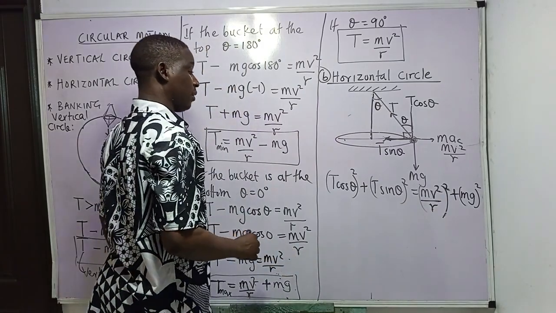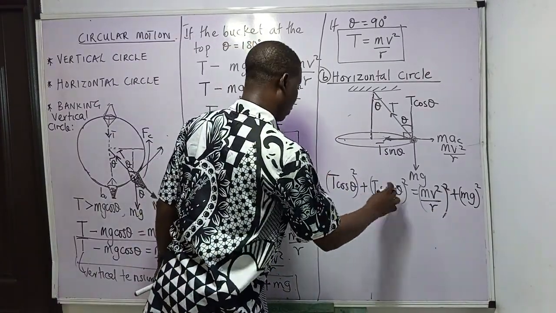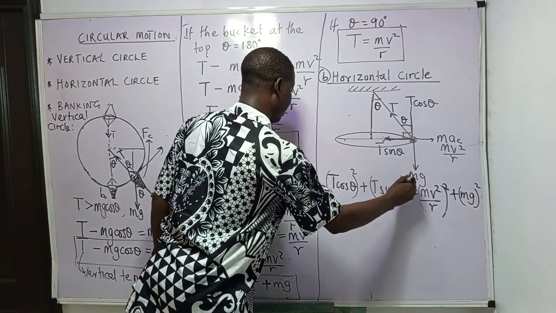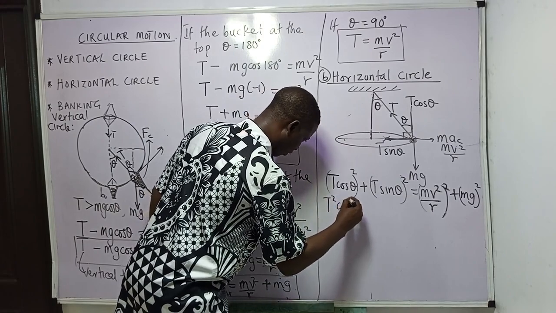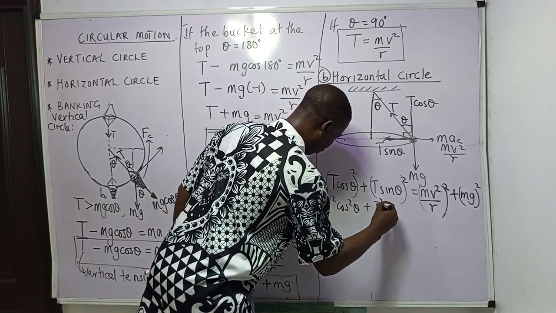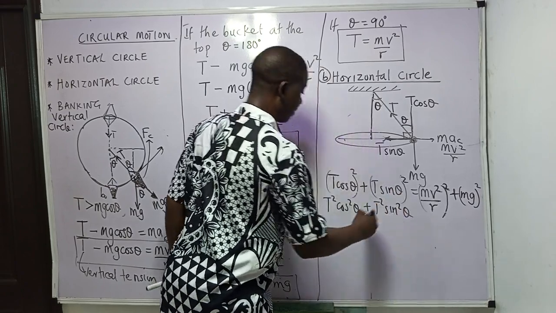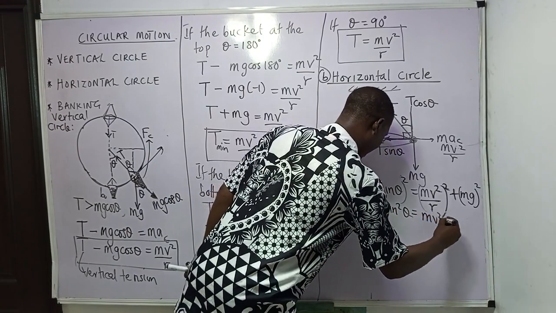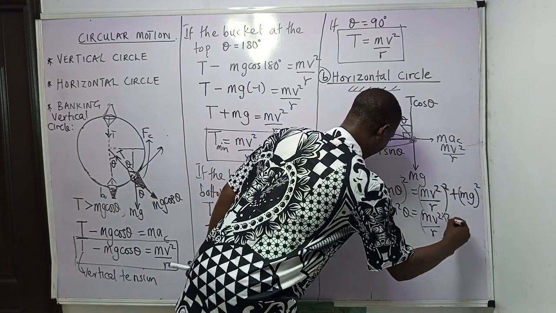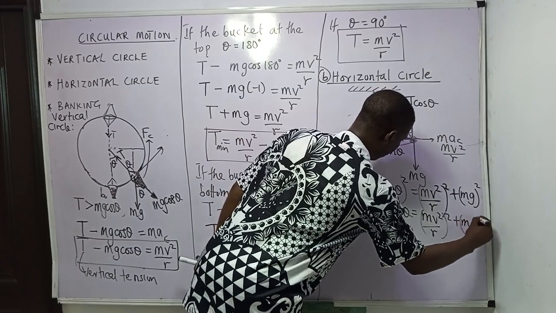Now, what we want to do is what is common on both sides. This one can be written as T square cos square theta plus T square sin square theta. If you open the bracket, it equals mv square over r all square plus mg all square.